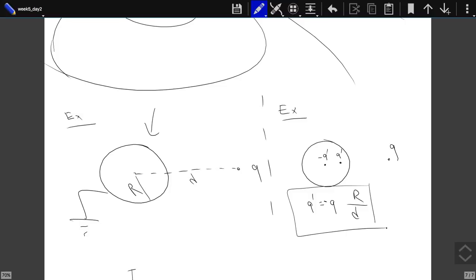So the solution is again unique. And we said that the potential created by these three charges satisfies our Poisson equation in the region that we are interested in, and it does correspond to a total charge of 0 in my conductor. So it's the unique solution.